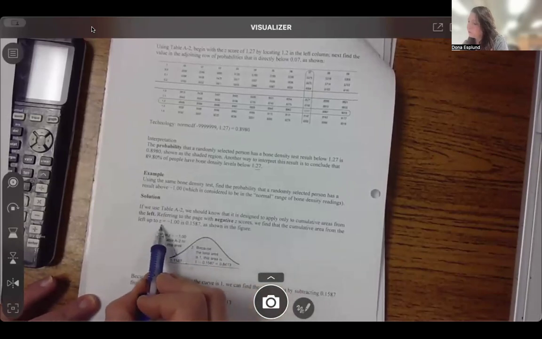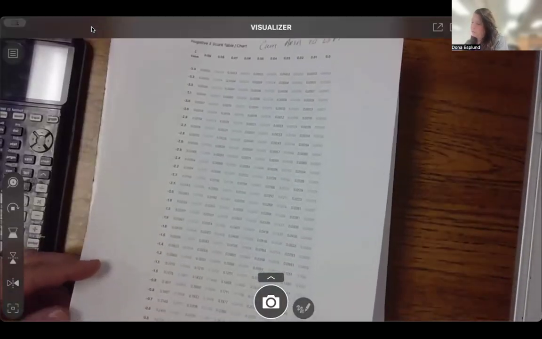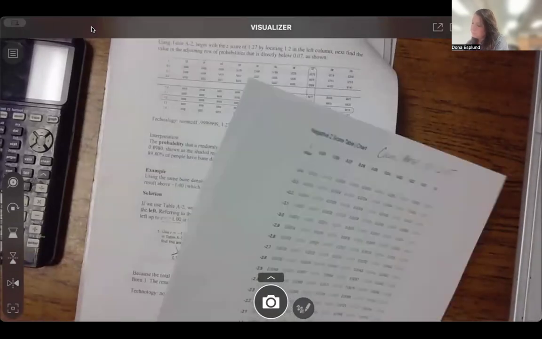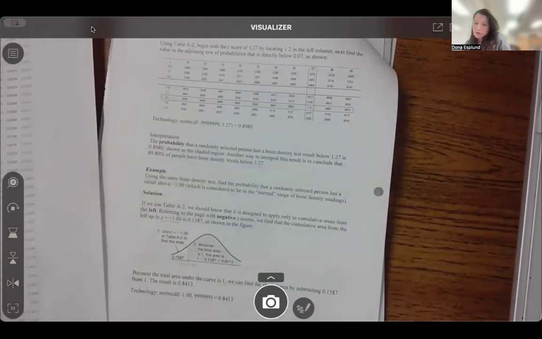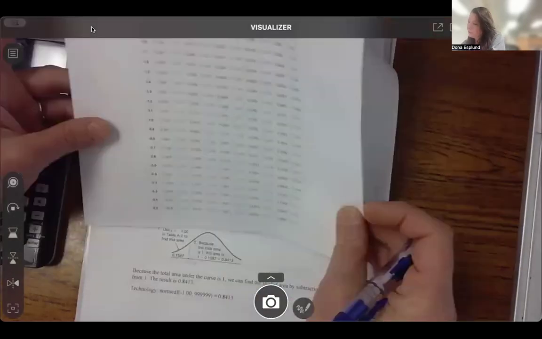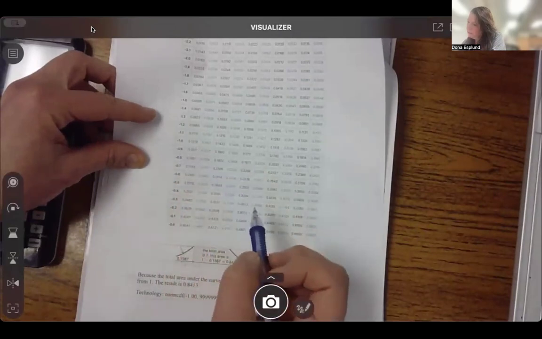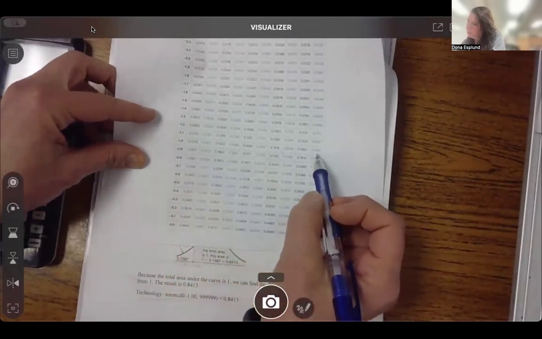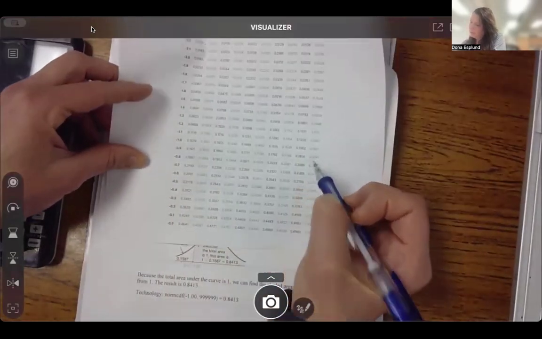So we're going to look first for the z-score of negative 1. I'm going to go back to my table and look for negative 1. And I noticed that negative 1 corresponds with a probability of 0.1587.